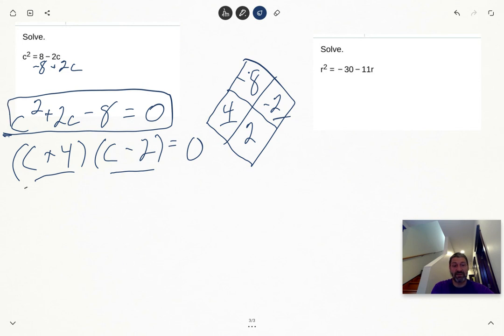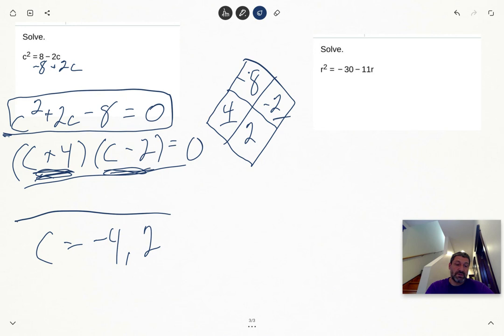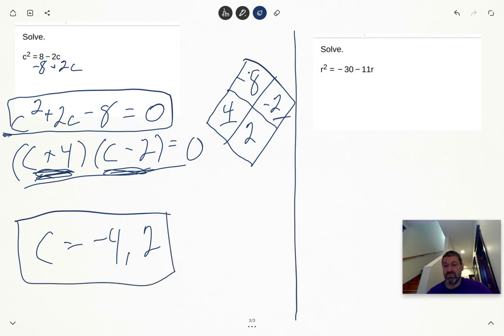So this is the factored form, so we can use the zero product property. So the solutions then would be C equals what makes that term equal to 0, -4. What term makes this equal to 0? It would be 2. So -4 and 2.